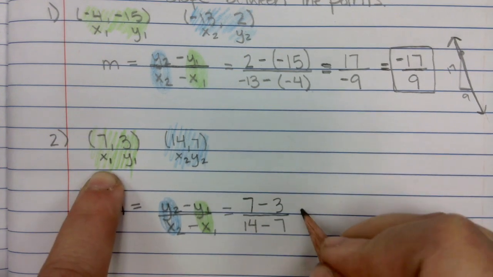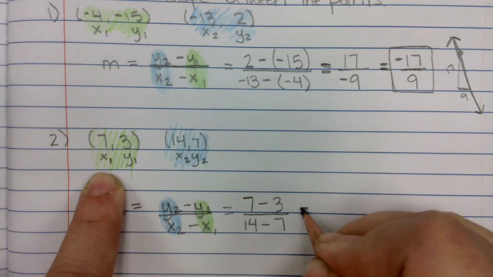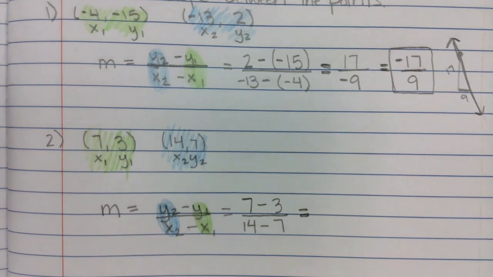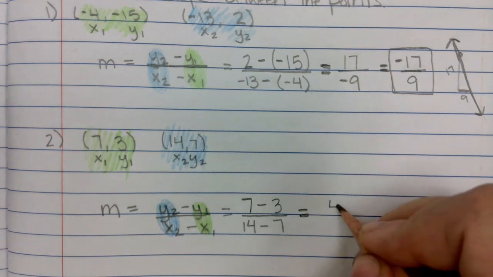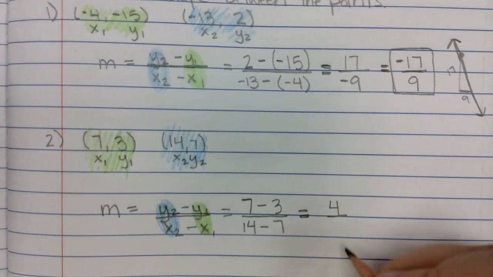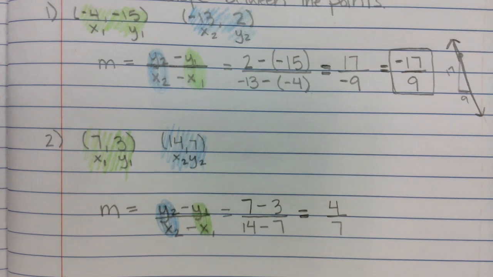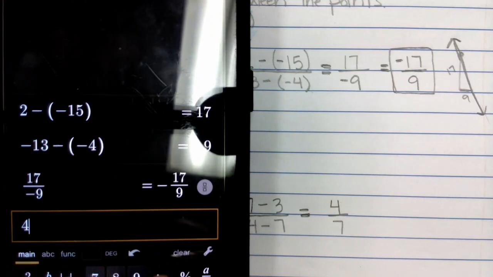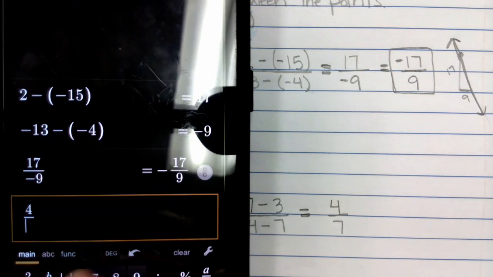So is this going to be positive, negative, zero, or undefined? Positive. So if I think about my point, I'm going to be going up this time to the right. It's going to go up 4. When it goes over, is it going to go a greater distance, a smaller distance, or the same? Greater.